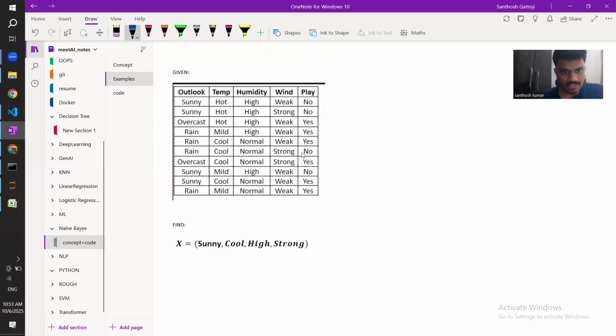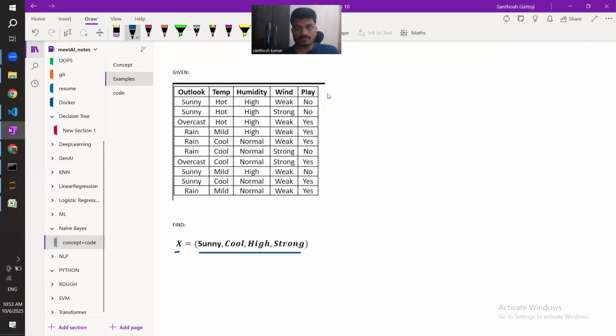Now if I ask, when the outlook is sunny, cool, high, strong, what is the probability that the kid will play or not? That is what we need to find out.